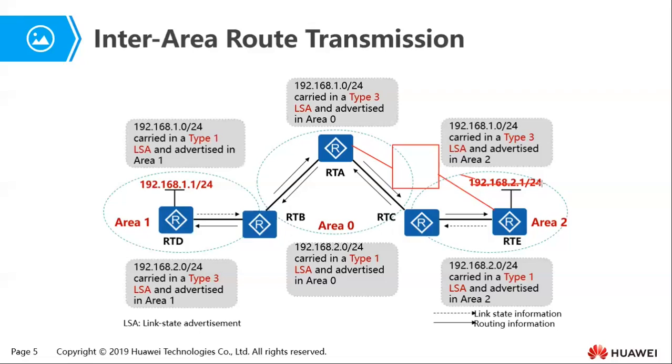They're going to be advertised by both ABRs to RTA. When that happens, the route with the lowest cost to the destination is the one that is going to be preferred. Otherwise, if they have the same cost, then the router is going to perform what we call equal cost load balancing. So 50-50, send data 50-50 via both ABRs.